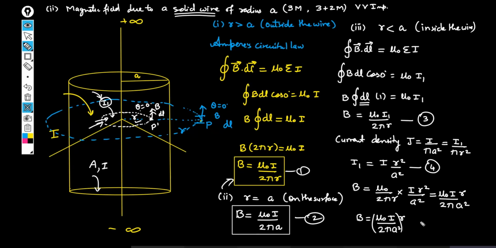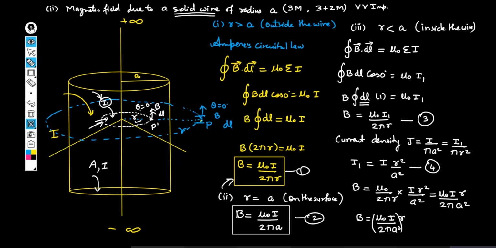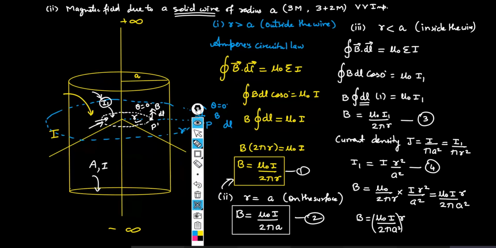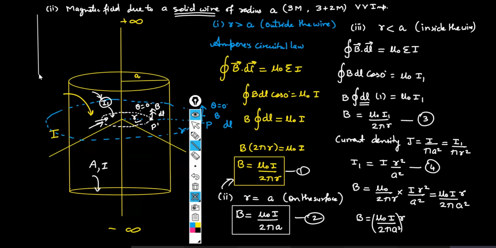Now the graph is also remaining. The graph part, let me draw somewhere here, so that it will be finished totally. If we talk about the magnetic field variation with distance, initially up to the surface, we can simply say B is proportional to r.